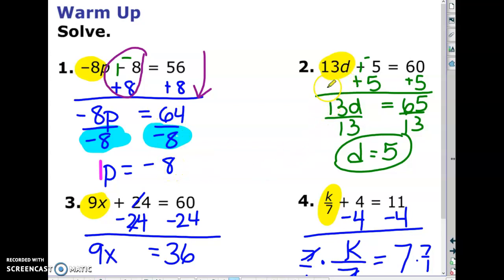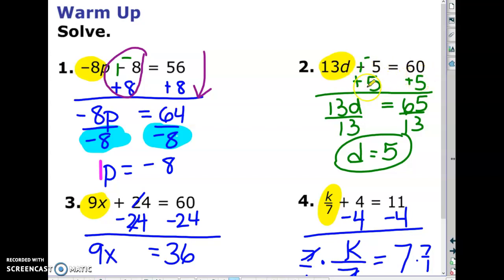For number 2, our original problem is 13d minus 5 is equal to 60. We're going to start by getting rid of that -5 by adding a +5 to both sides. I like to do the property of equality, and I first of all change that -5 or subtracting 5 to plus a -5.